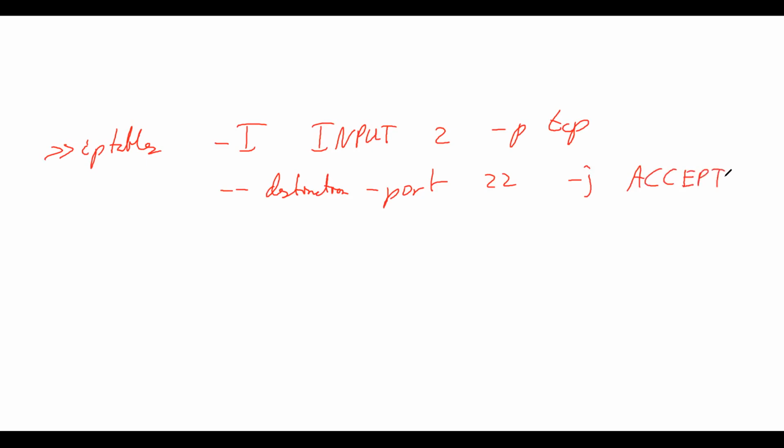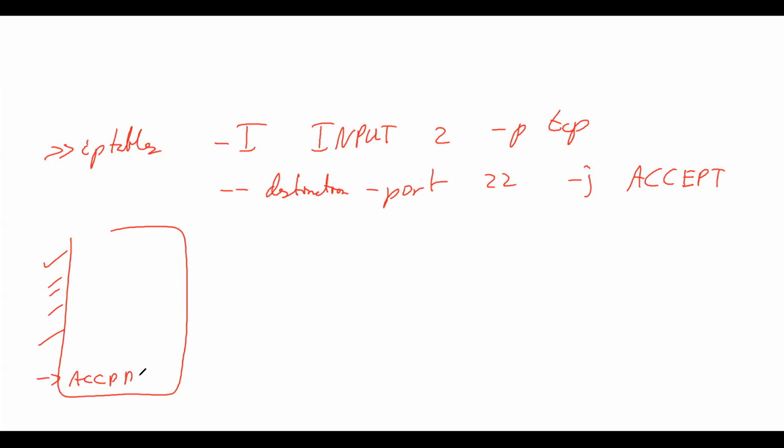Now what's important here is the position of this rule in your chain. In particular, something like accept needs to be one of the first rules in the chain. Because remember that if you put it at the end, by the time it gets to the end of the chain, there are going to be a lot of denials, so it will never get to it.